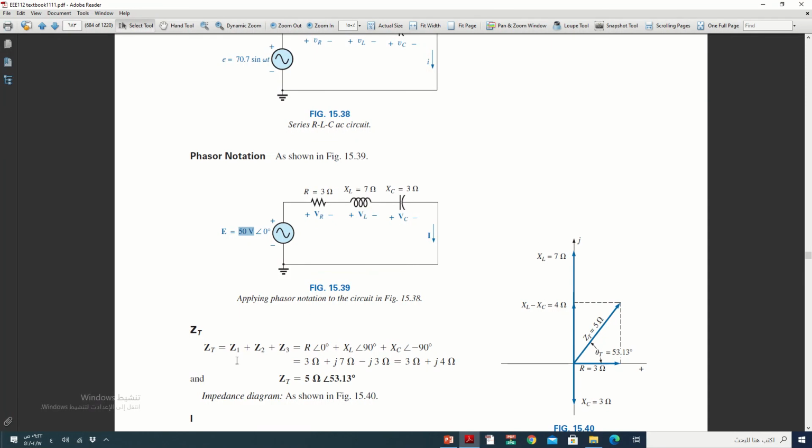Z total is Z1 plus Z2 plus Z3. 7 will be with positive J and 3 with minus J, since it's minus 90. 7 minus 3 will be 4. 3 plus 4J. Okay, and the final answer will be 5 ohm angle 53.